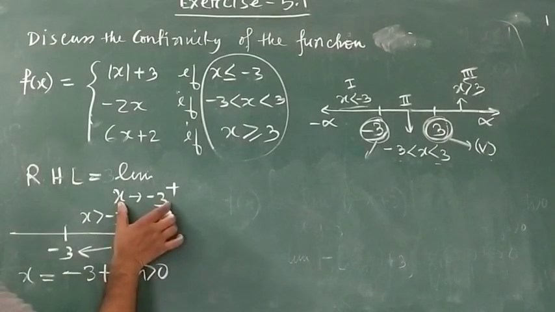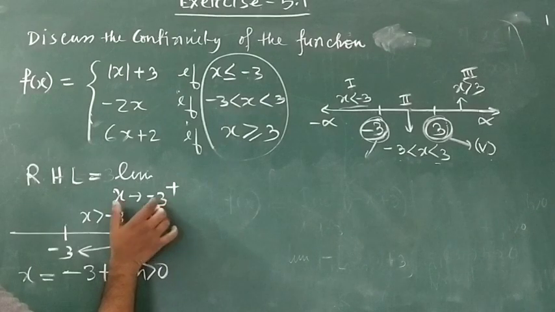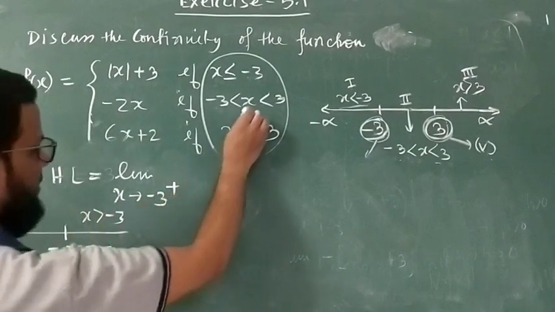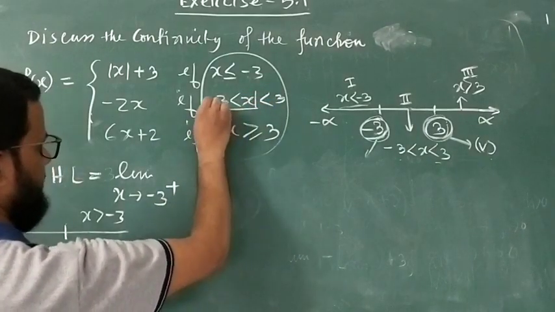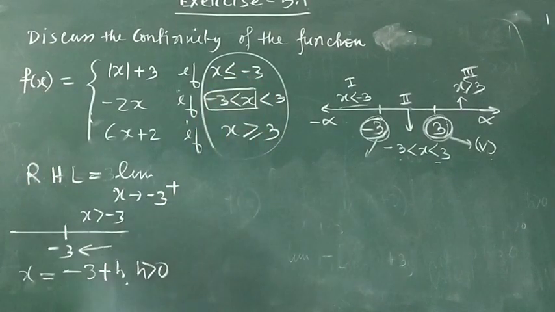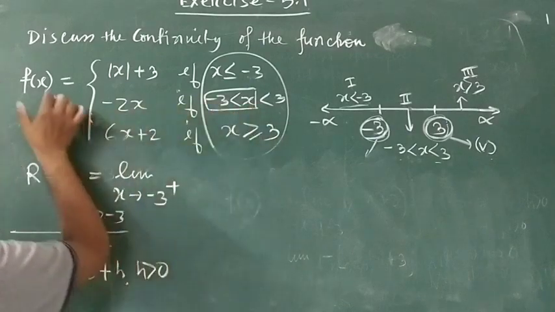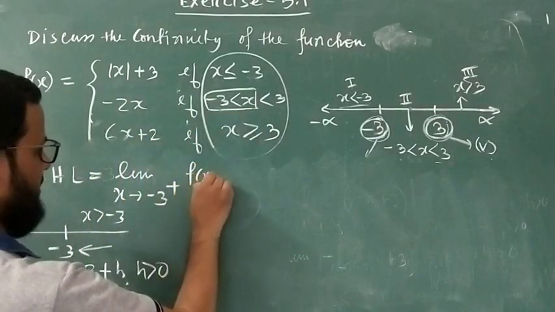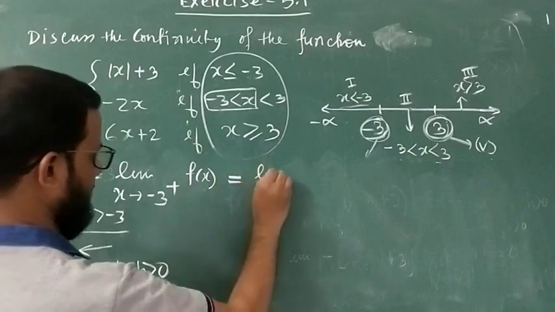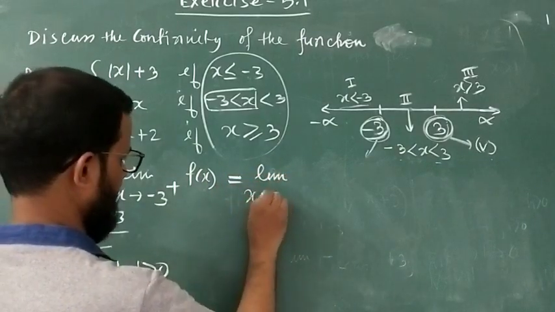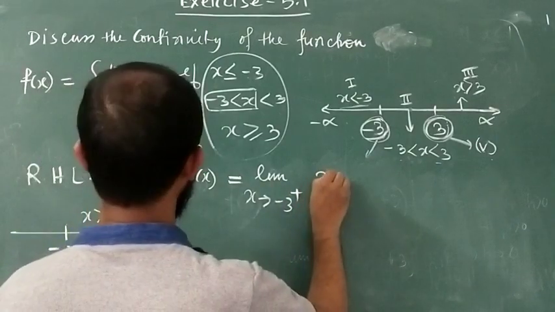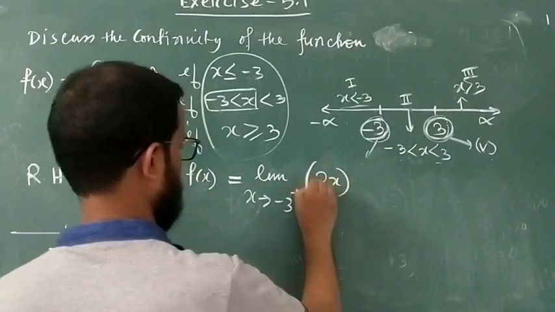So when x tends to minus 3 plus, x is greater than minus 3, and that condition is here. For this condition the functional value is equal to minus 2x. So this is your f(x), and you can write limit x tends to minus 3 plus f(x) is minus 2x.